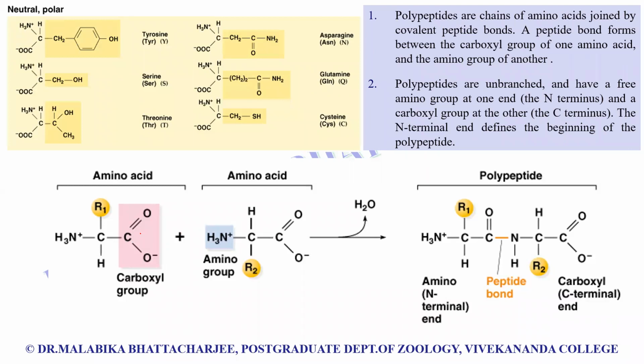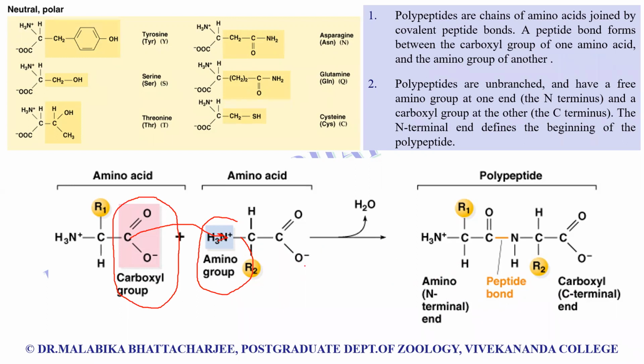So this is amino acid 1 and this is amino acid 2. We have a carboxylic group here, and we have an amino group here. As you can see, a peptide bond is formed between the C and the N with the liberation of water. So a peptide bond is formed between C and N with the liberation of water.